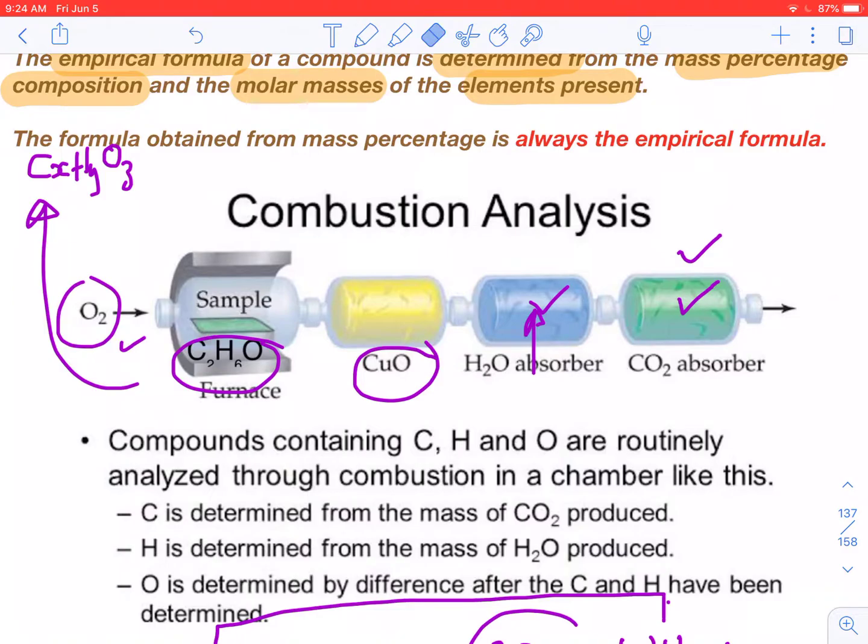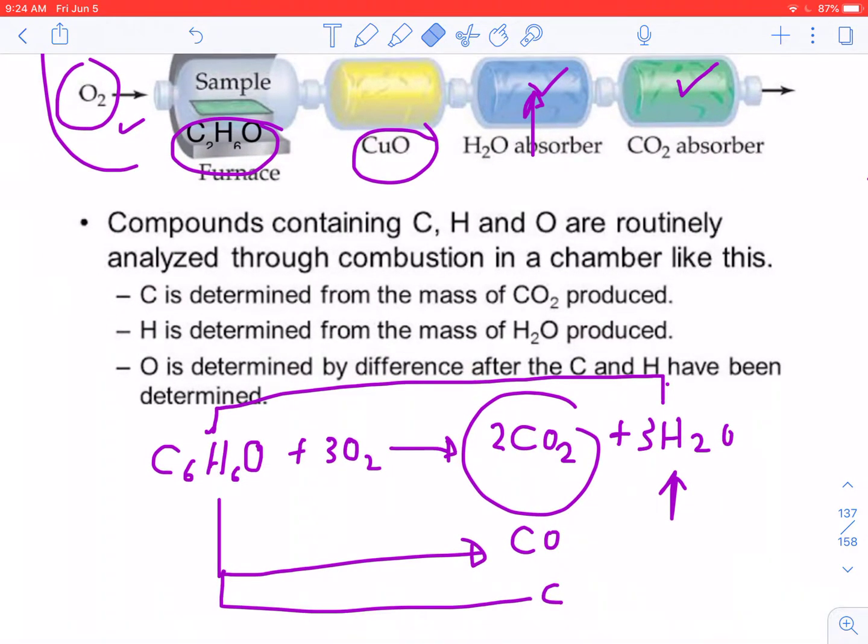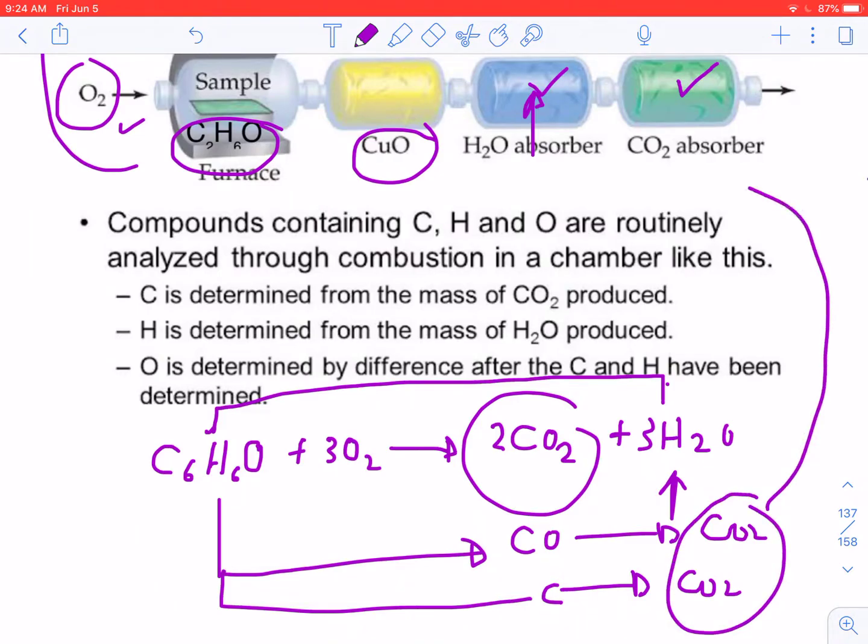Okay, it oxidizes it, and we dealt with redox very, very briefly, but we spoke about redox reactions. And so the carbon then gets converted to CO2, and the carbon monoxide also to CO2. So we know that everything here gets captured in this absorber, and we want everything to be captured in that absorber because then we know how much carbon was in that particular sample.